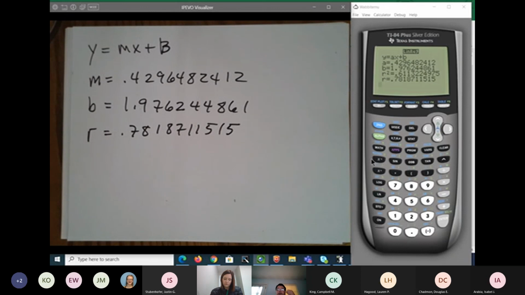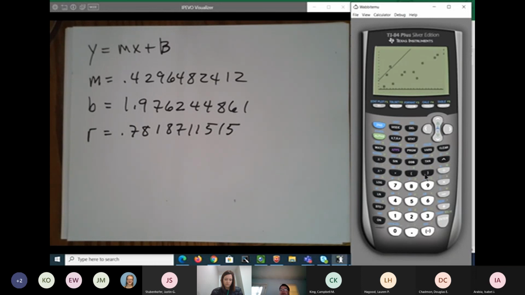Now, watch what I do here. I want to draw my points. I hit second, stat plot, which is y equals, see the stat plot above it? Second, y equals, enter on number 1, enter on the on, and then graph. You may not see it, so you hit zoom 9, which is zoom stat.